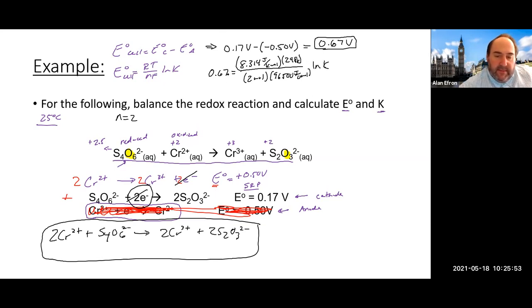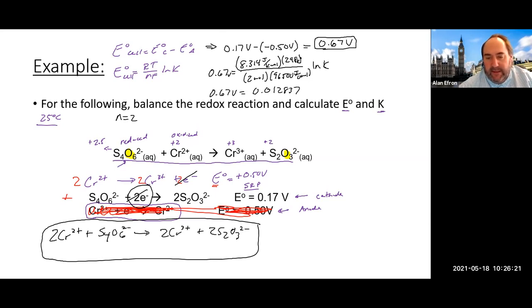So we're going to do some cleaning up here on the right-hand side. If we clean up all that, our 8.314 times our 298, divided by our 96,500, divided by 2, gets us 0.67 volts is equal to 0.012837.